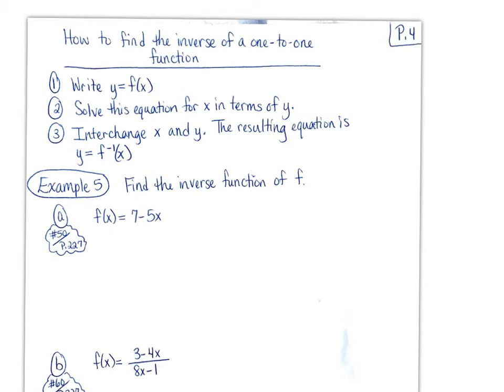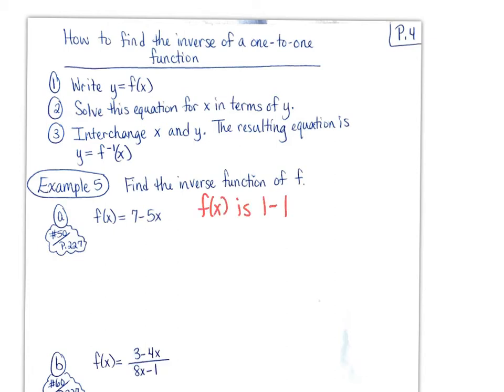It has to be one-to-one. Is this function one-to-one? Yes. Why? It passes the horizontal line test. The graph of this is linear, which means it passes the horizontal line test. So f of x is one-to-one.